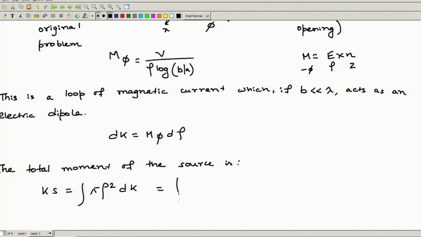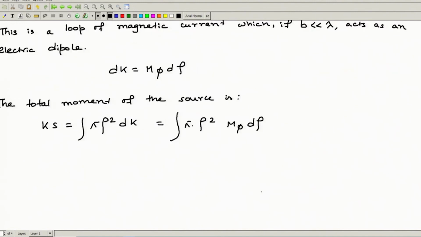So that can be written as pi rho square, and in place of dk we substitute M phi d rho. In place of M phi we have V upon rho log B by A d rho.